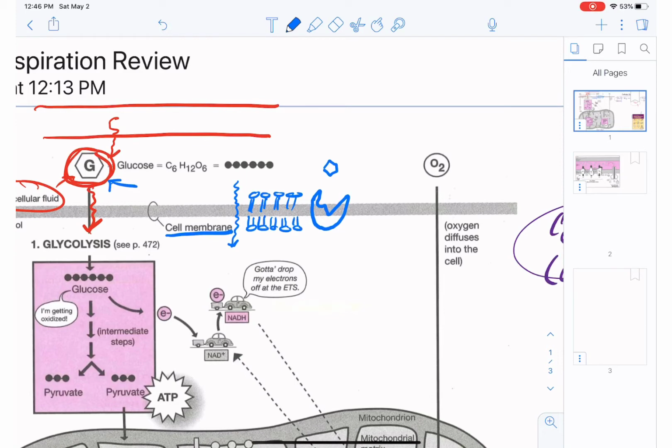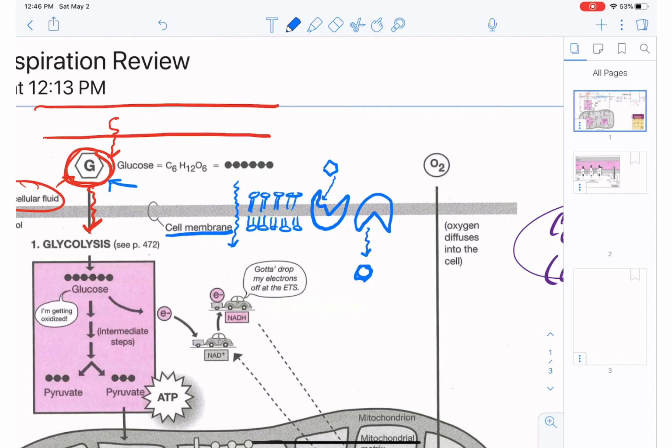And what's going to happen is this glucose molecule is going to bind to the binding site on this carrier protein. That's going to cause the carrier protein to change shape. And that's going to allow the carrier protein to release this glucose molecule inside of the cell.